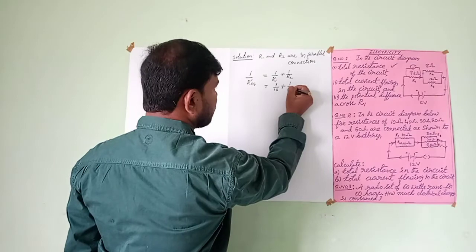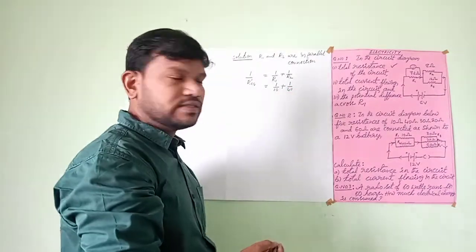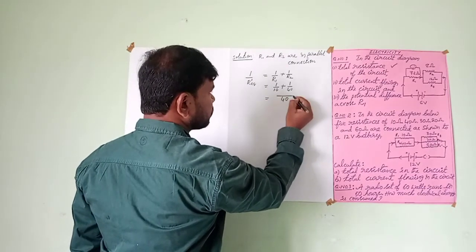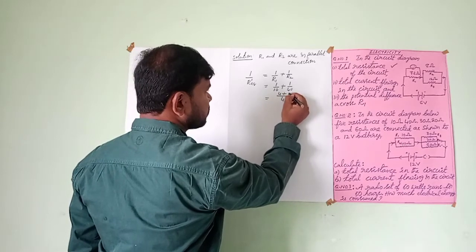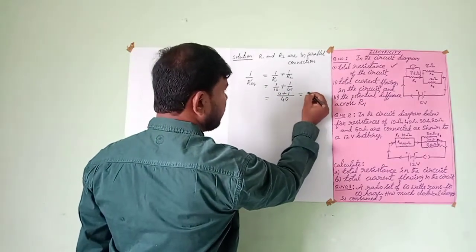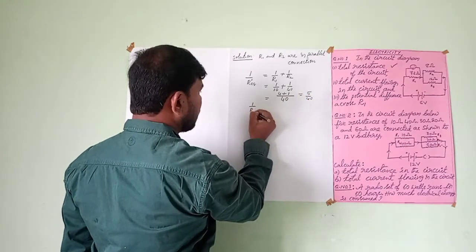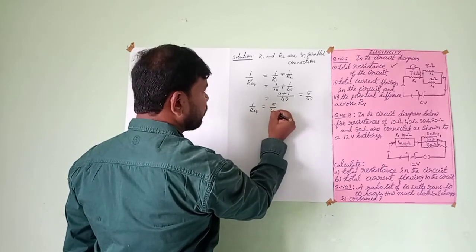So 1 by 10 plus 1 by 40. If you take the LCM of 10 and 40, the LCM is 40. 4 into 1 is 4, plus 1, so we got 5 by 40. So 1 by R dash equivalent is equal to 5 by 40.